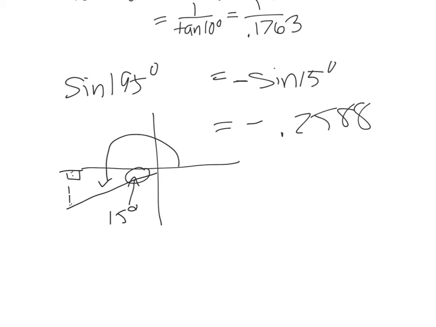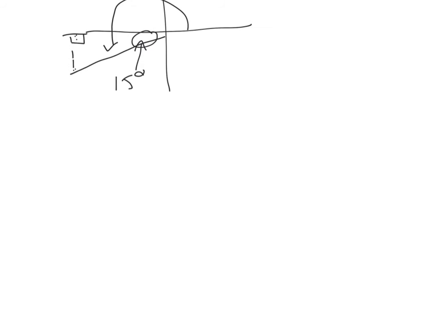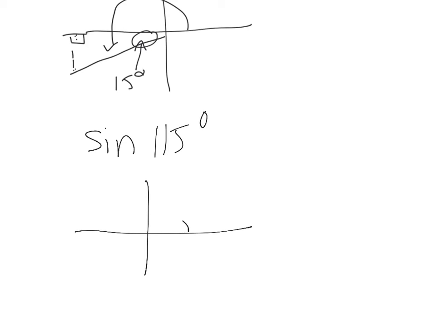Let's do the next one, which is G. I keep on saying similar situation, but all these are slightly different. So G is sine of 115. I find it helpful to draw where this is. It's going to be in the second quadrant.